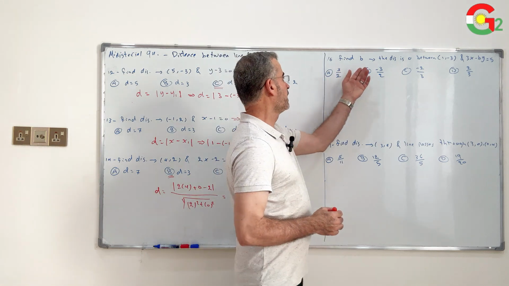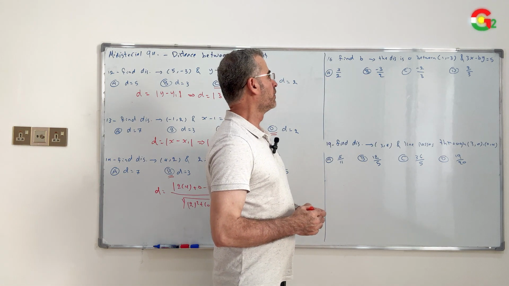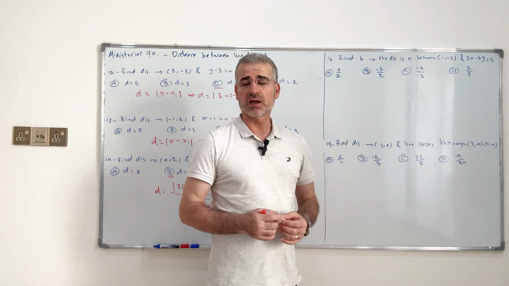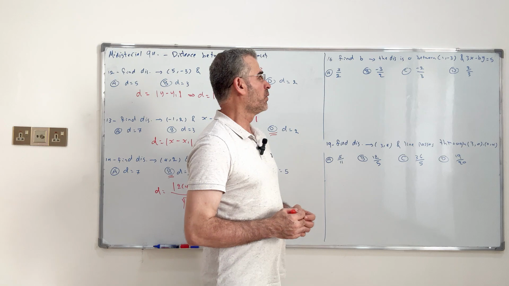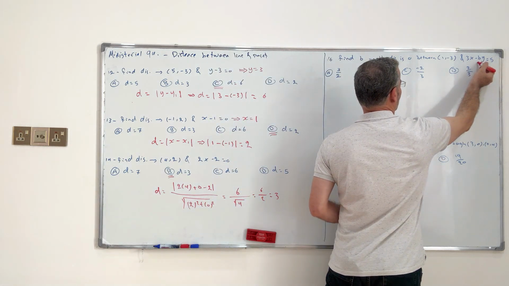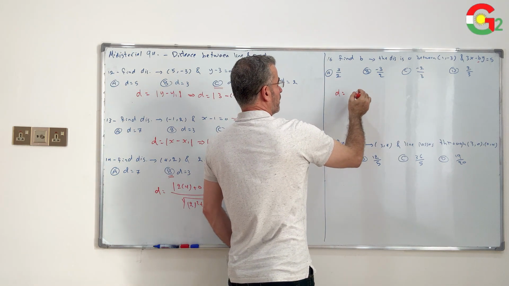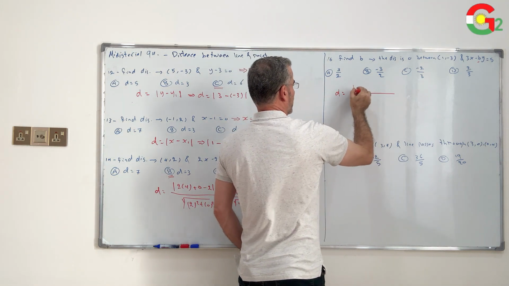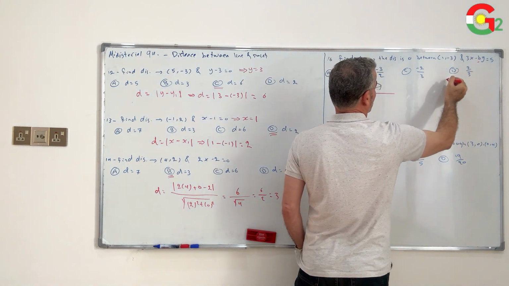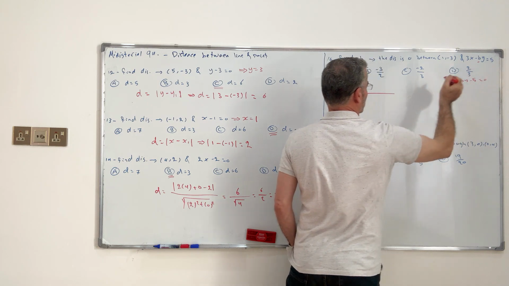Find the value of b when the distance is 0 between the point 1, negative 3 and the line 3x minus by equals 5. I want to find the value of b here. Rewrite this equation in general form: 3x minus by minus 5 equals 0.